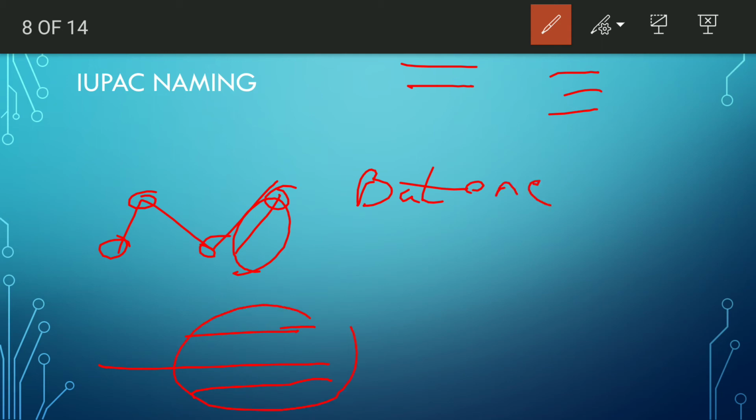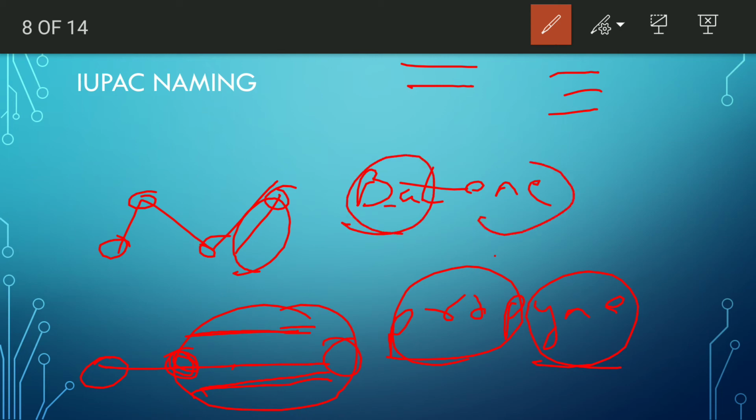Here it's a triple bond, and there are how many carbons? 3 carbons. So you may think that this is not a carbon. Where the triple bond line ends, here there will be a carbon, right? You may have learned the bond line notation in your previous classes. This is propyne. Prop is the word root, yne is the 1 degree suffix. But is the word root, ene is a 1 degree suffix.